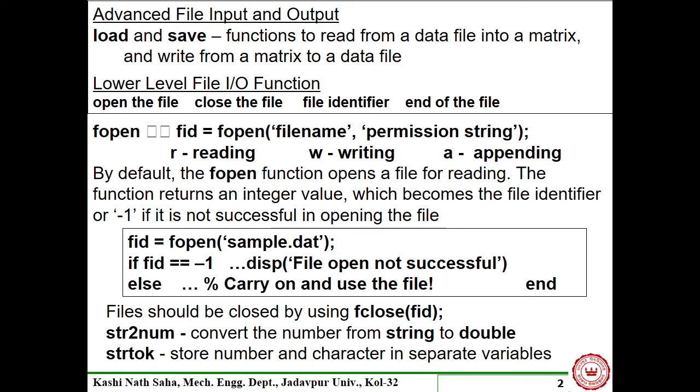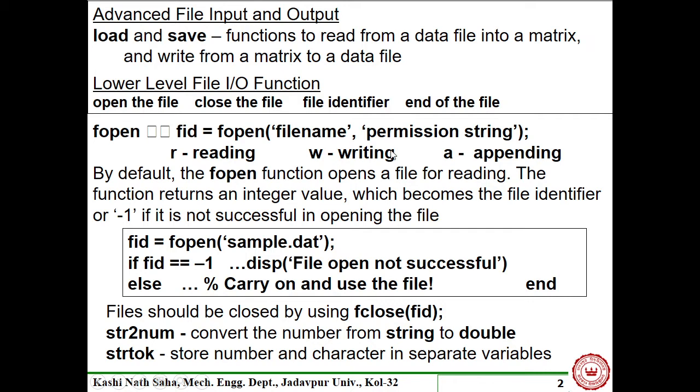Then there is this permission string. Here we have the option of reading, writing, and appending. What does it mean? Reading means we'll simply open the file and read its content. We are not writing there.